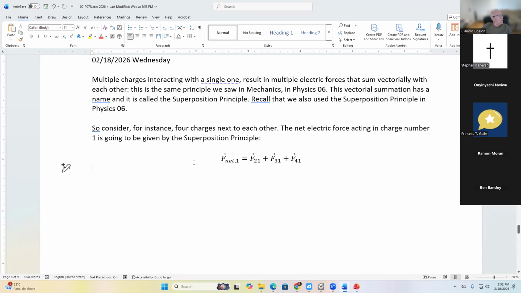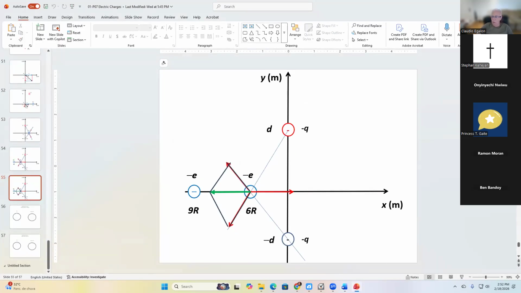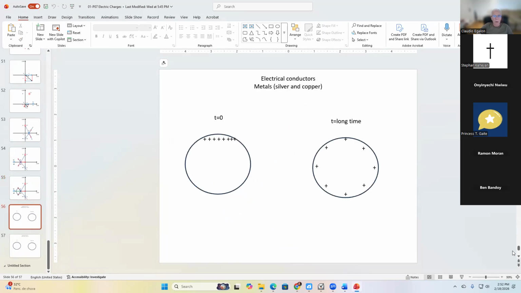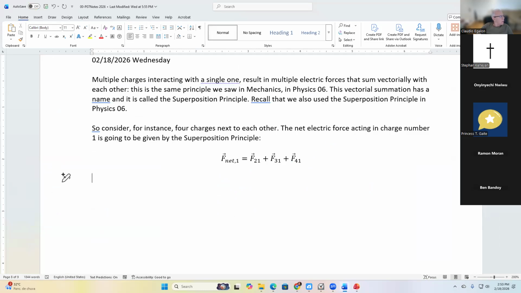And now that we talked about the net force and the superposition principle, we can also talk about electrical conductors before we go into the electric field. Electric conductors and insulators.